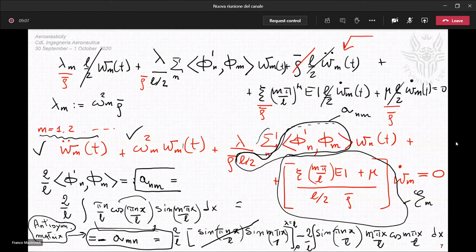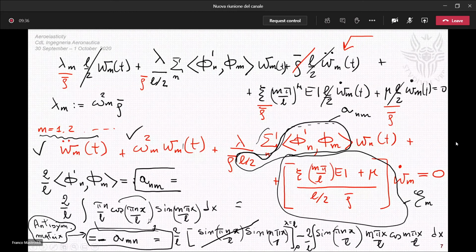And therefore, we have obtained a set of ordinary differential equations which are uncoupled as concerning inertia and elasticity, but are coupled as concerning the aerodynamic aspect here. Okay, and this new set of coefficients A_mn can be developed as a skew-symmetric matrix, as we demonstrated here.